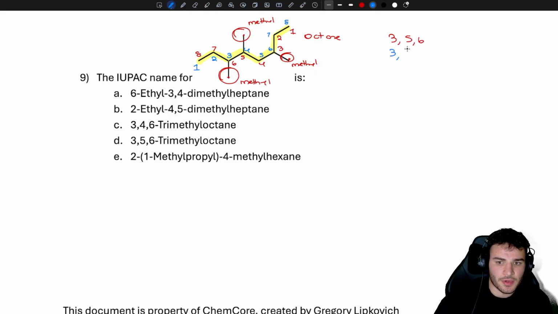Our substituents would be 3, 4, and 6. And so actually the second way was the correct way. And so our substituents would be called 3, 4, 6 trimethyl. And so if we were to put our whole name together, it would be 3, 4, 6 trimethyl octane.